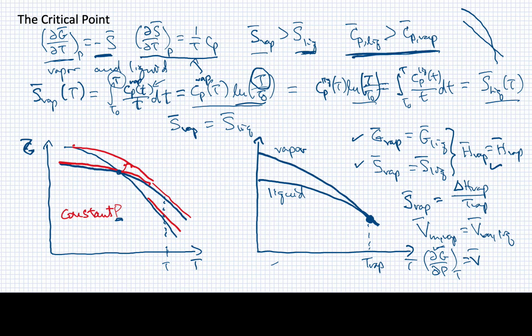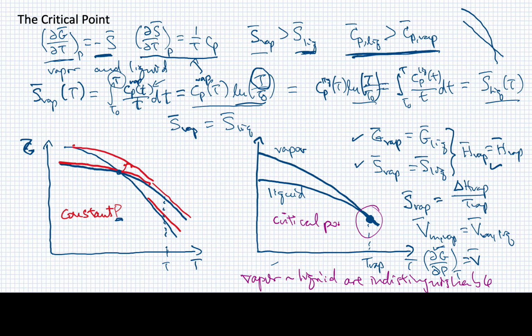So in other words, the vapor and the liquid are indistinguishable. So this special point that we have found, this point here, is something that we call the critical point.